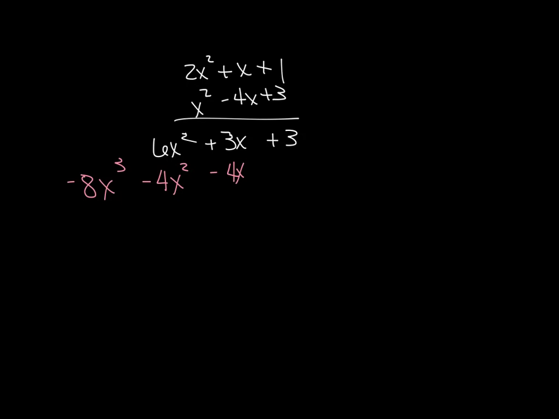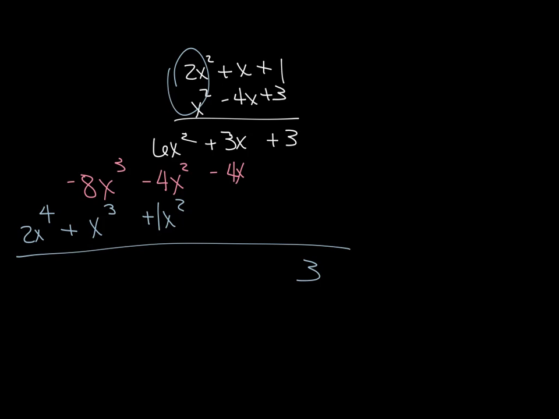So x squared times positive 1 is going to be positive 1x squared. Let's put the 1 there. These two is going to give me x cubed, and that'll be positive. And these two is going to give me positive 2x to the fourth. And then I add 3.